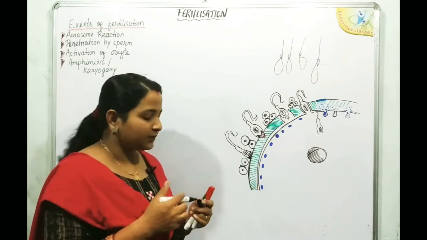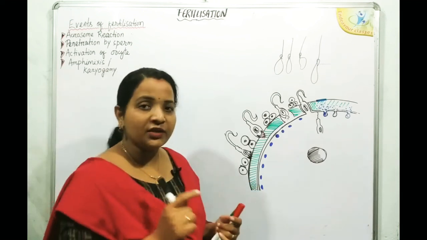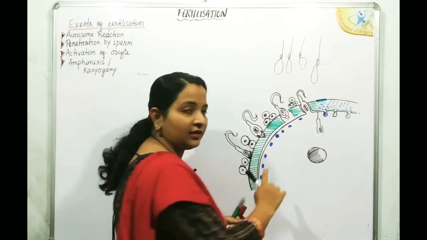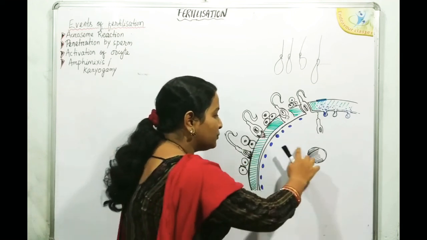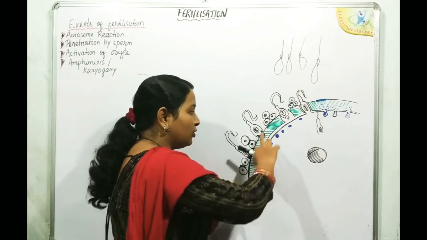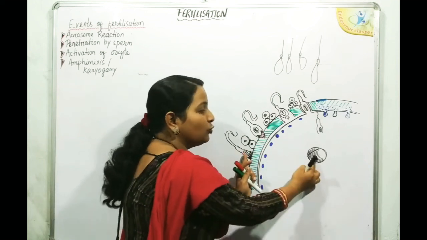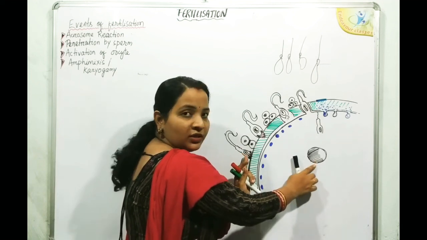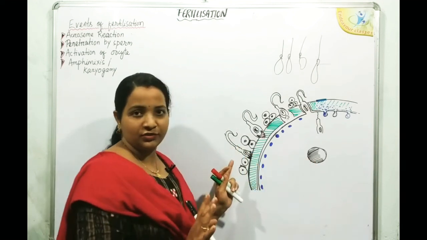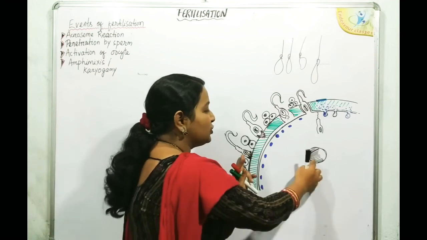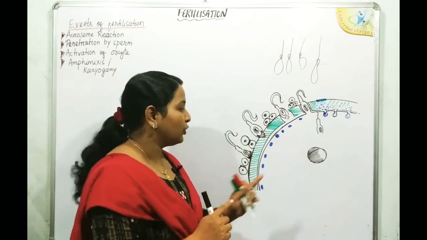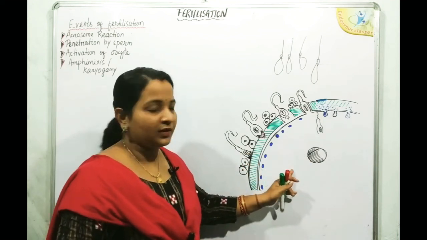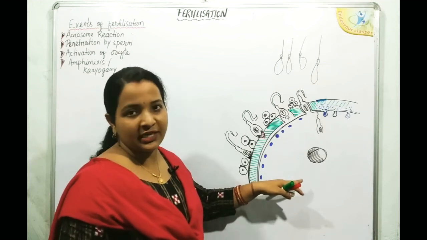Why one sperm? Because if more than one sperm enters the egg and there is fusion of more than two nuclei other than these two, this is the egg nucleus and this is the sperm nucleus. So these two are combined to form the 2N nucleus of the zygote.